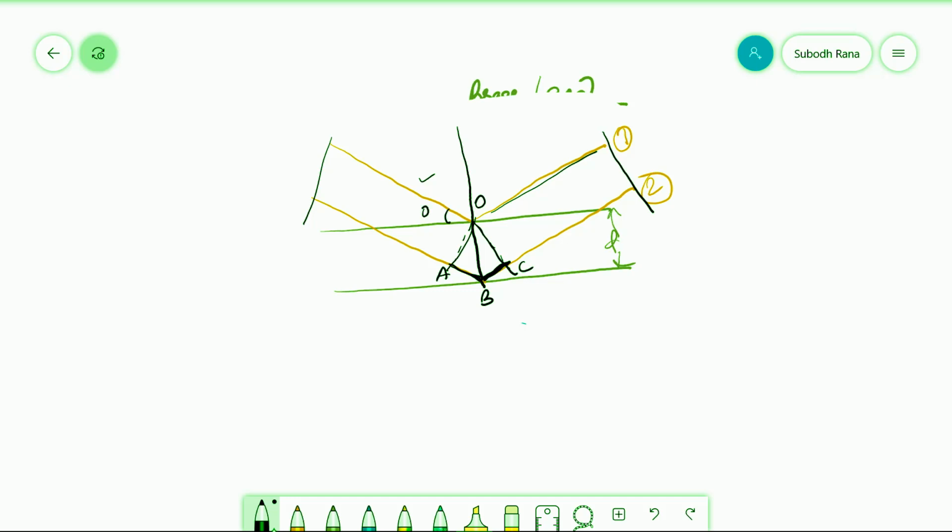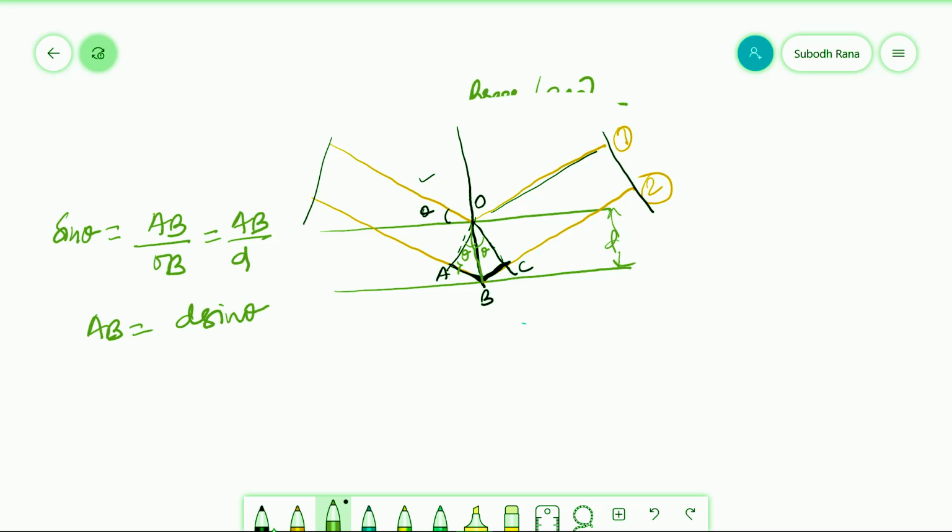Now here it is theta, so this will also be theta, this will also be theta, and this is 90 degrees. Sine theta is equal to AB by OB, equal to AB by d, since OB is the interplanar distance. So AB is equal to d sine theta.